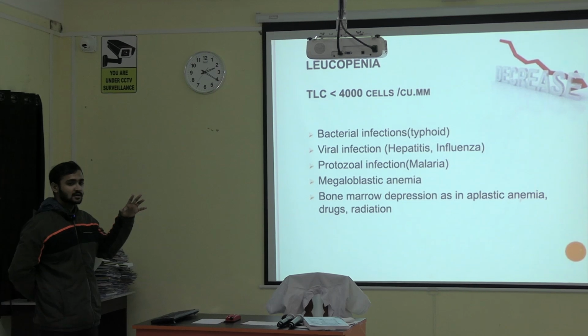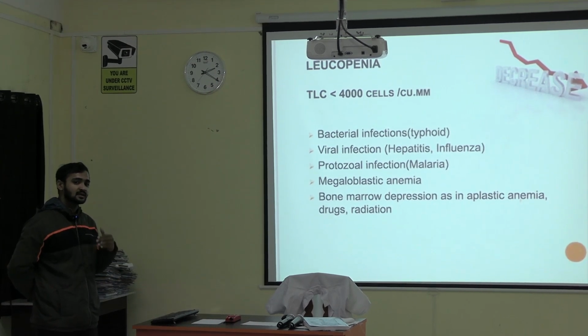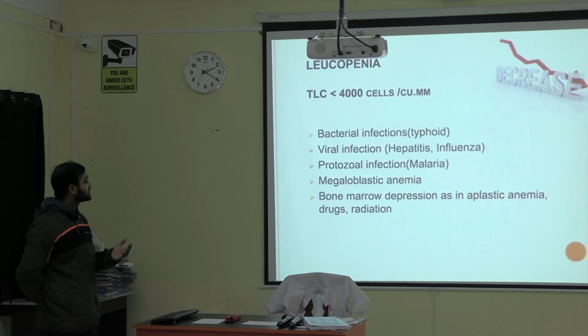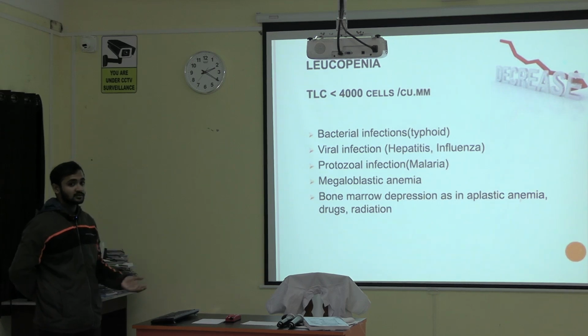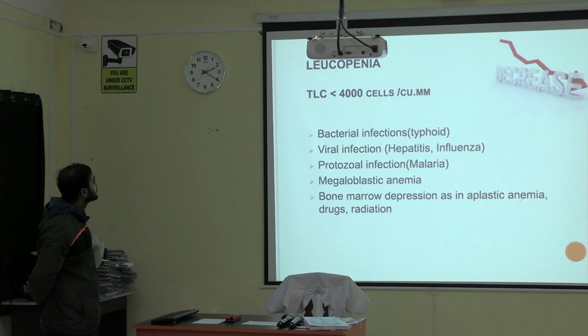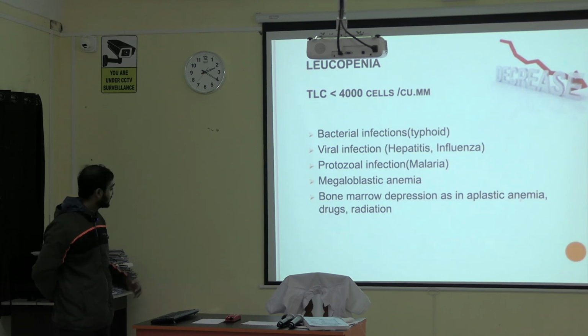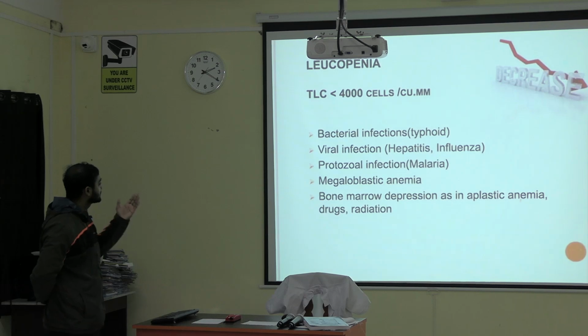Also they suppress the bone marrow. So at that time there is neither production of WBCs, nor our defense mechanism to act on the infection. This way there will be a decrease in WBC count. This is the main mechanism behind leukocytopenia in bacterial, viral and protozoal infections.